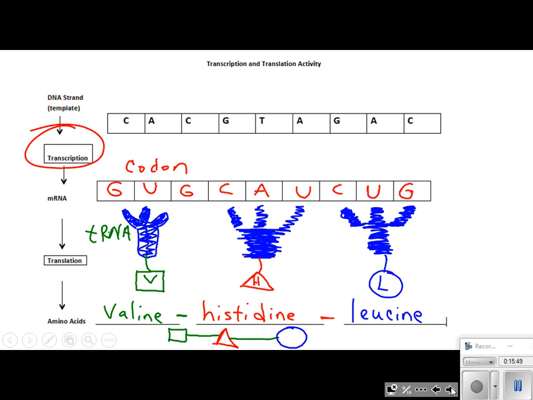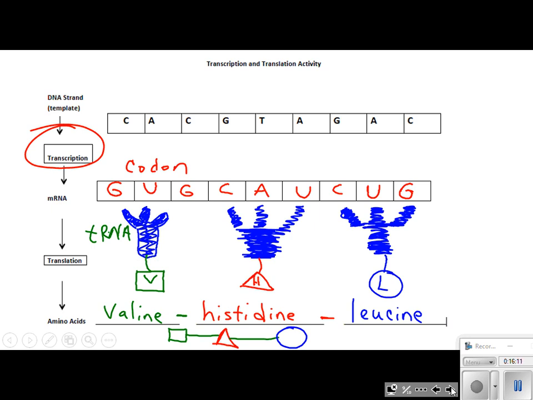Okay, you see how I'm building the protein, and we're adding one amino acid at a time. Okay? So that is building my specific protein, one amino acid at a time.